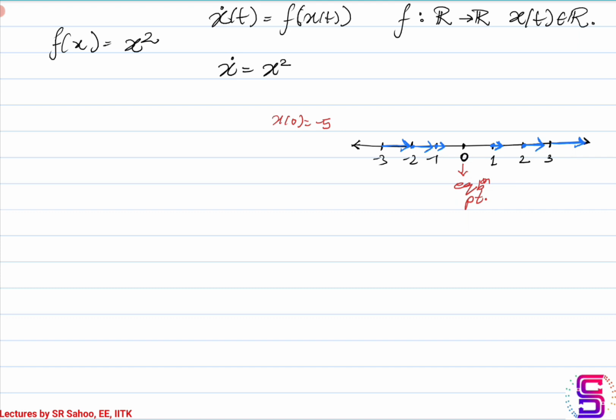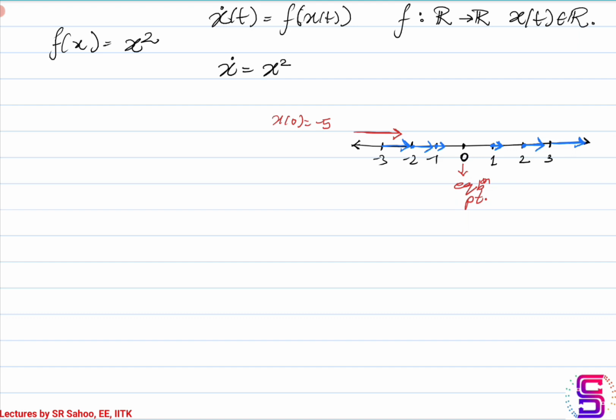So the solution progresses in this direction because x dot is positive for negative values of x, which means x is going to increase. But also notice that as the value of x increases when it is negative, the magnitude of x keeps on decreasing, and hence the magnitude of x dot also keeps on decreasing.